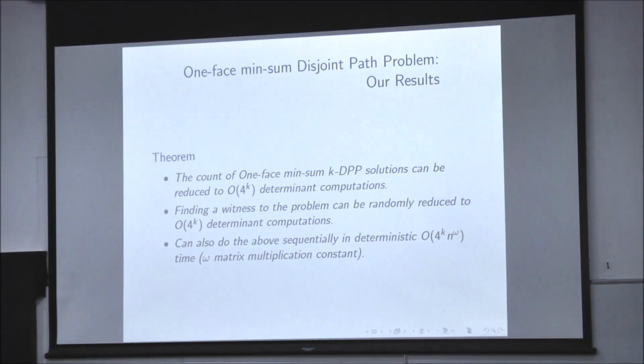We can also do this sequentially, as I said, in order 4 to the k times n to the omega time, where n to the omega is the matrix multiplication time.